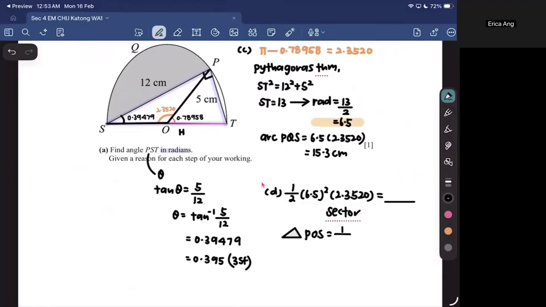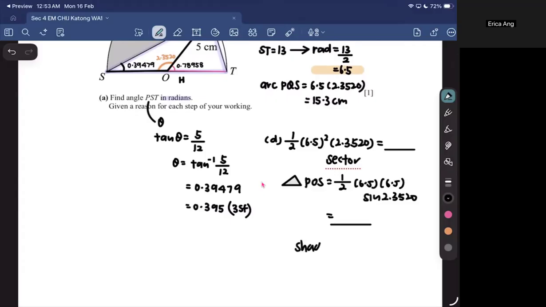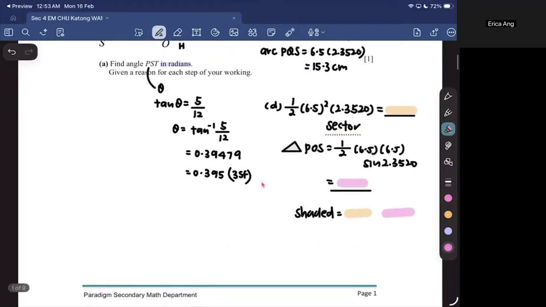This is half AB sine C. This will give you this. If you just want the shaded segment, you take the sector minus this one here. When you minus away, you get your answer in 3SF.